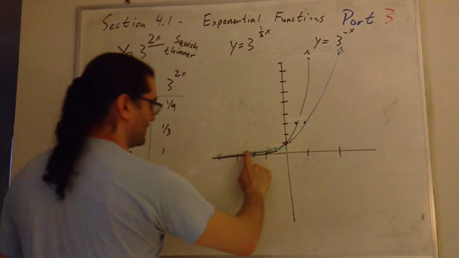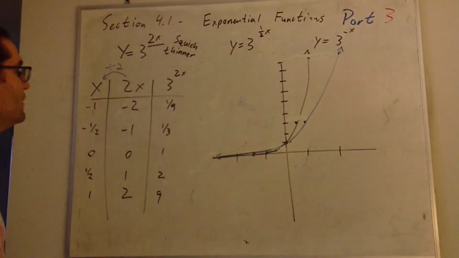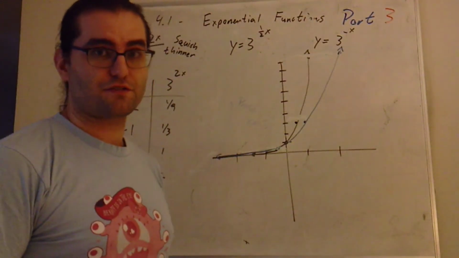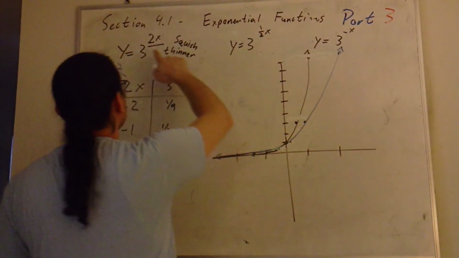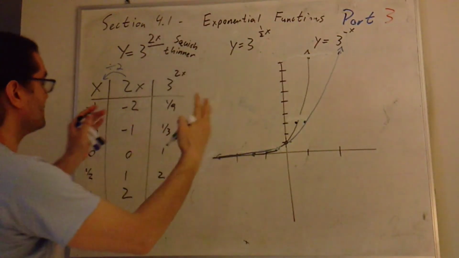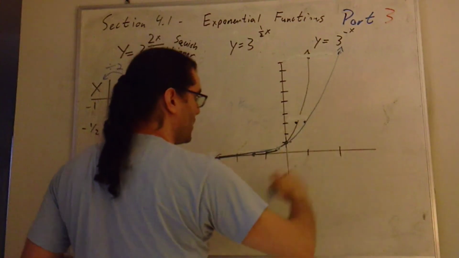Trying to erase the green out so I can make this one in green. If you want to make a table of values for this next one, I encourage you to. If you want to skip that part, and trust me, you can. If putting a 2 here makes it thinner, half as wide, putting a 1/2 here should make it twice as wide.